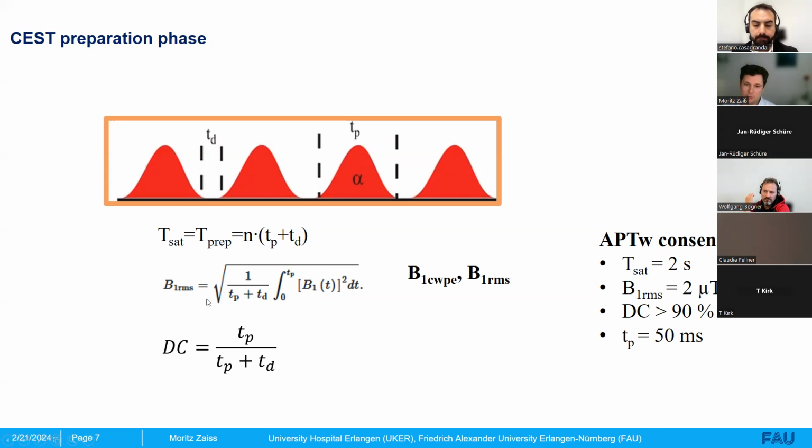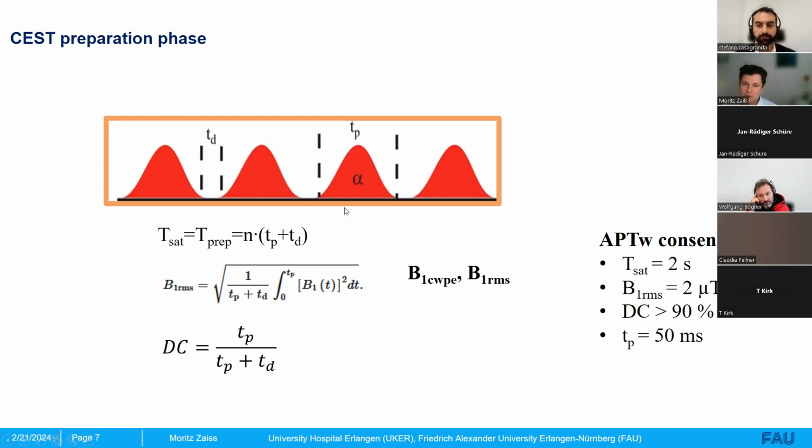We agreed on the B1 root mean squared, which is given by the root of this integral. It's pretty much the integral of the square of B1 divided by tp and td. And then the last variable is the duty cycle, tp divided by tp plus td. So that's really the RF duty cycle.